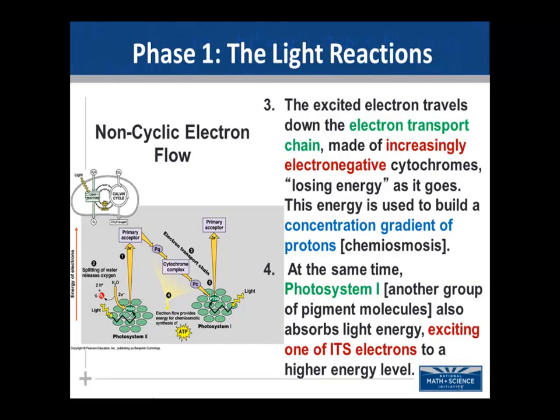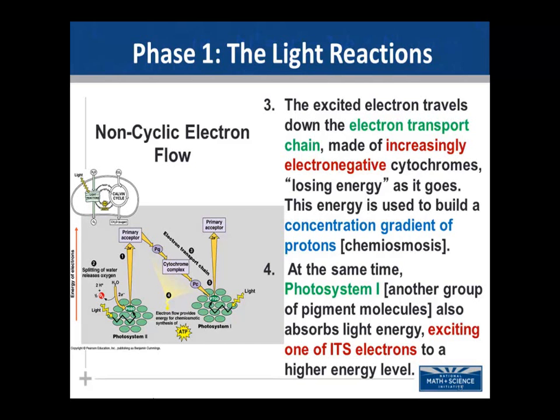When you have an area of high concentration next to an area of low concentration, that's a concentration gradient, and that represents potential energy, the separation of those differing areas of concentration. And that's a process that is going to be used to perform something called chemiosmosis.